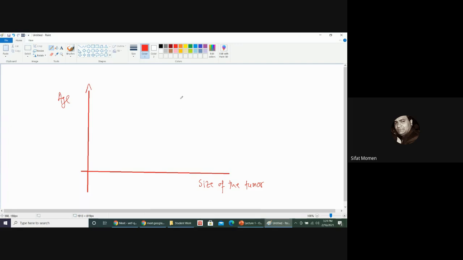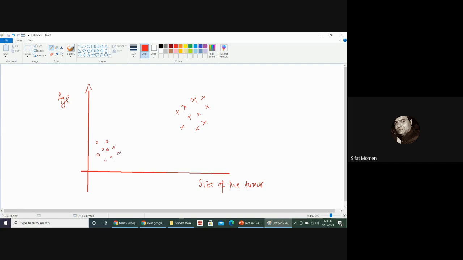So for example, let's imagine we get these as the data set. Here's this one, here's this one, this one. These are different instances. Let's imagine it looks something like this.